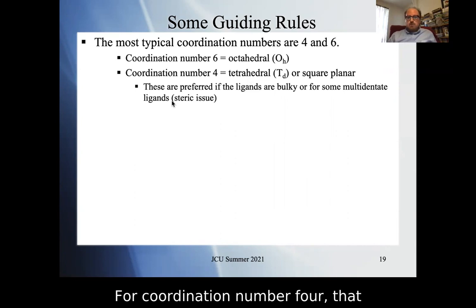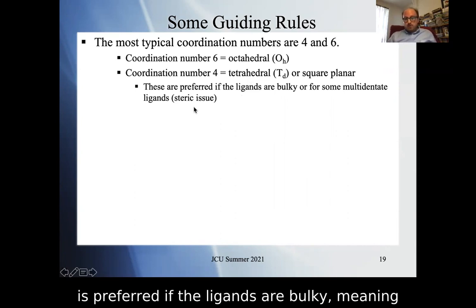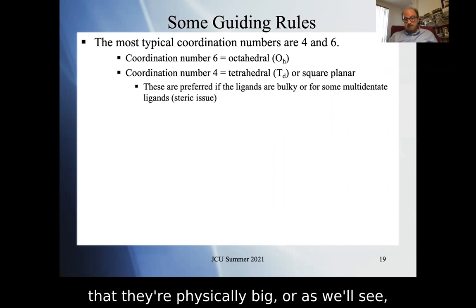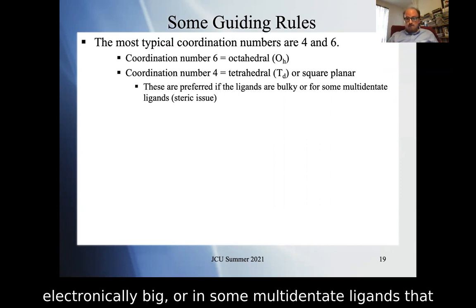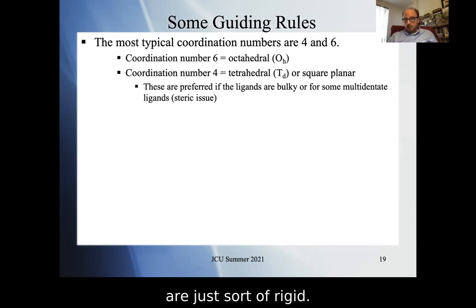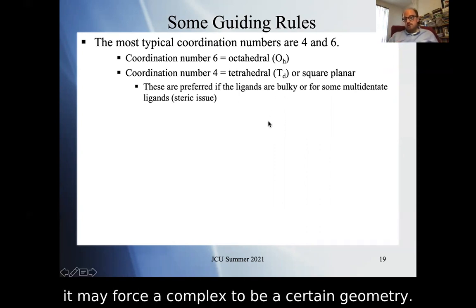Now, coordination number 4 is preferred if the ligands are bulky, meaning that they're physically big, or as we'll see, electronically big, or in some multidentate ligands that are just sort of rigid, right? So if a ligand is kind of rigid, it may force a complex to be a certain geometry.